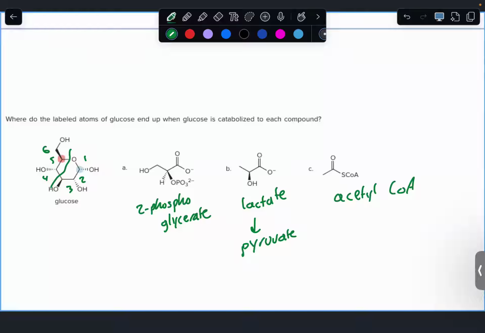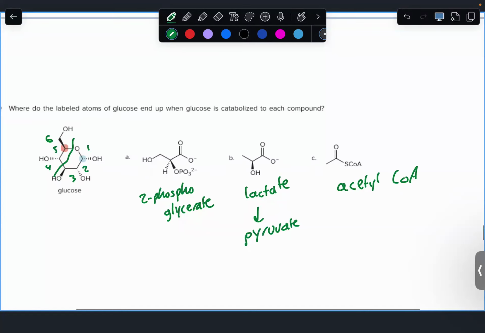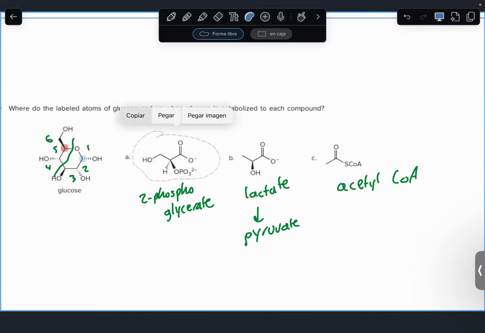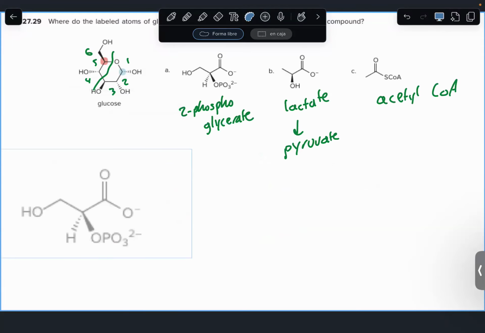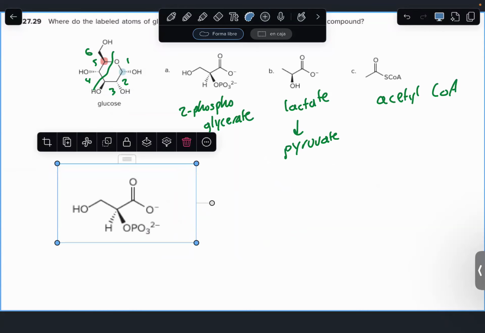All right, ready to work on it? Okay. I'm going to draw two separate molecules of 2-phosphoglycerate, for which you'll understand in a second.